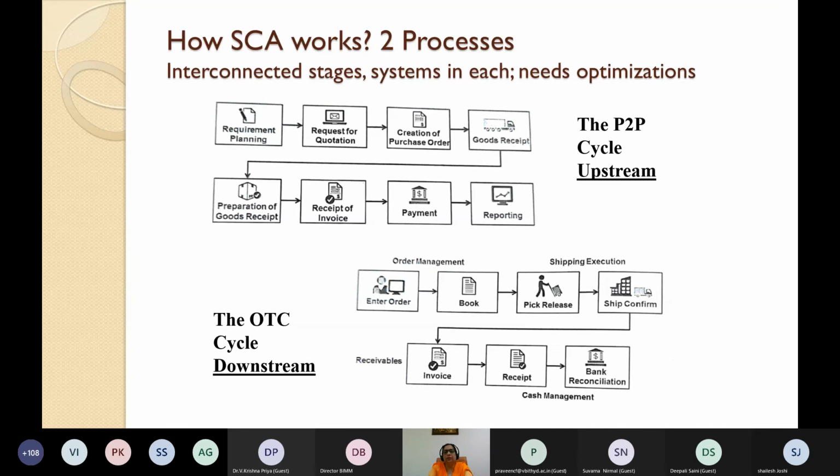So supply chain management analytics works from a purchase to pay kind of scenario, as well as an order to cost kind of scenario. Order to cost is the customer end, as I said, and this is for the supplier end. From both the ends, it is working.